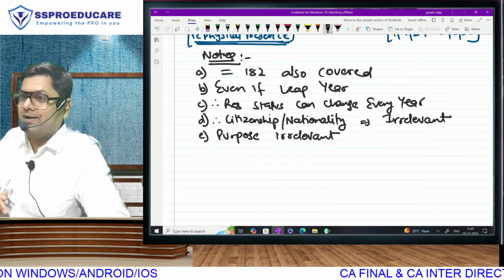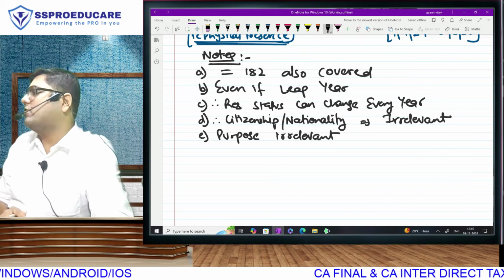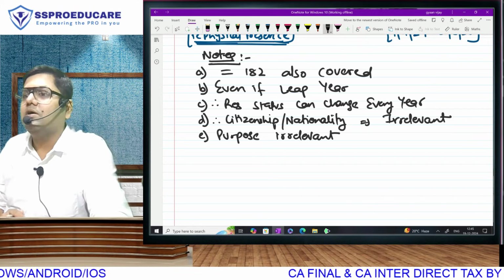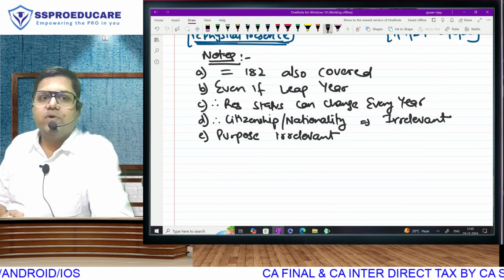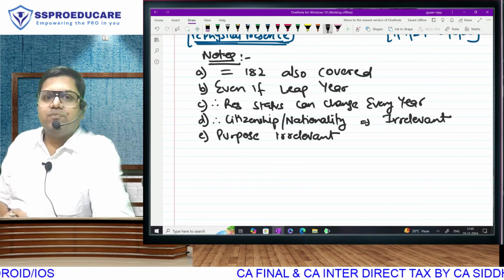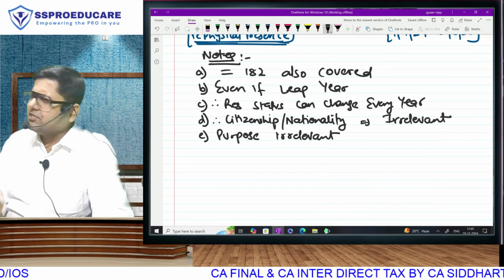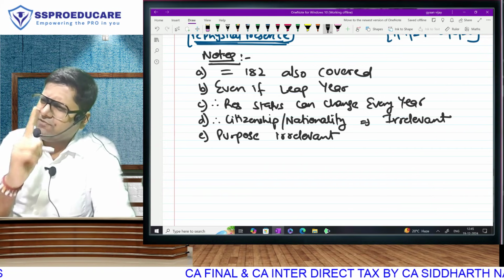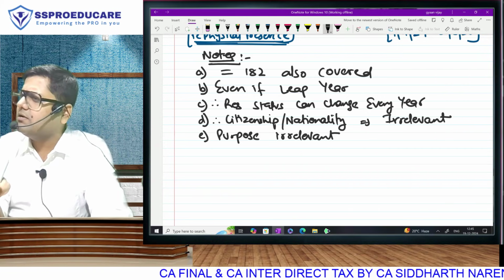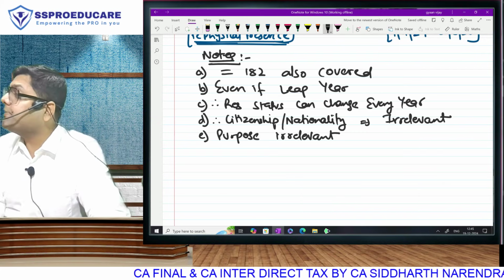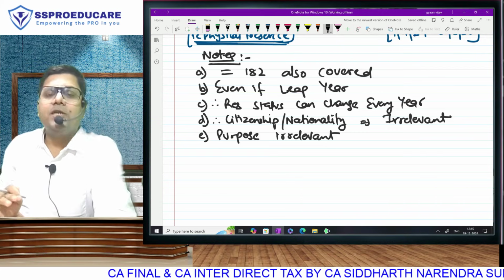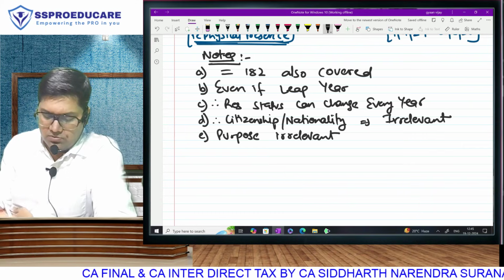If you are in India, it is going to be included in your 182 days calculation to make you a resident. Citizenship or nationality? Irrelevant. That means there is only one factor which matters, and what is that only factor? Physical presence in India for a period of 182 days or more.